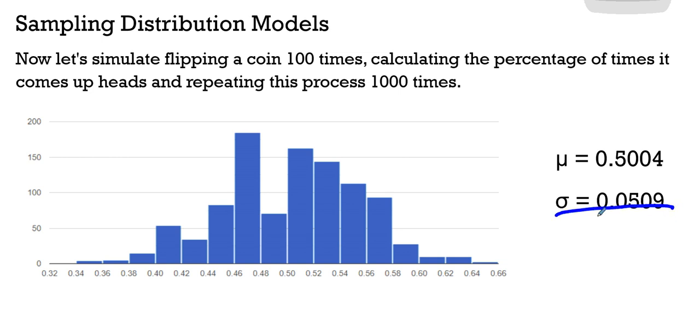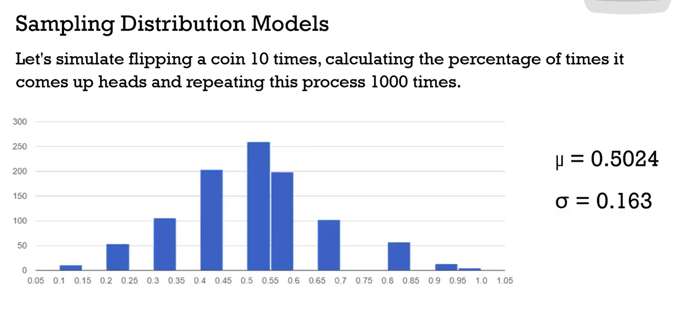I didn't mean to cross it off. I meant to underline it. Sorry. And as you can see, we're not going out as far. The graph is a little zoomed in, but you're not going out as far. You're not getting 10% and 90% like you did before. And if you go back one slide when we were talking about only flipping a coin 10 times, yeah, getting 2 heads or 8 heads isn't that uncommon.